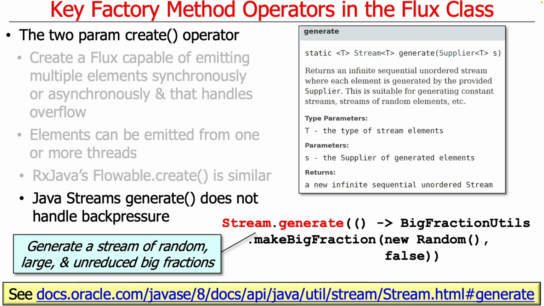Interestingly enough, the Streams generate method, which is another way of generating data, does not handle back pressure. So this will just go ahead and blast out events ad infinitum, and there's no back pressure mechanisms available in Streams. And it's an interesting question why that is. The main reason is because Streams is a pull-based model.